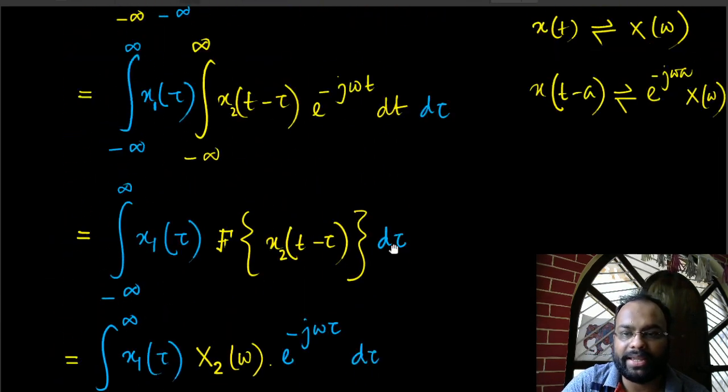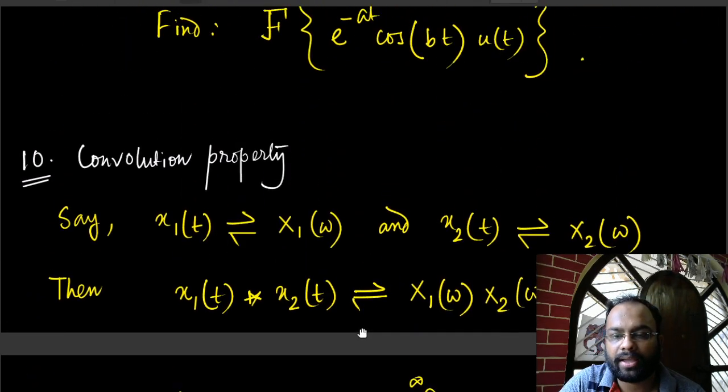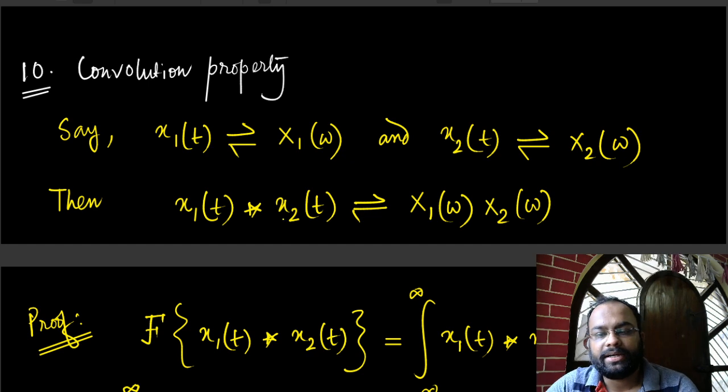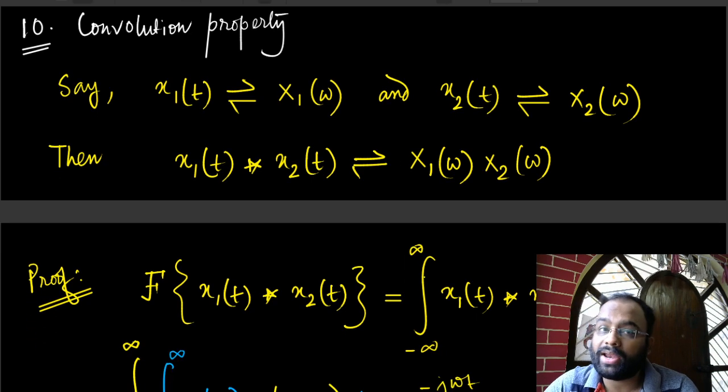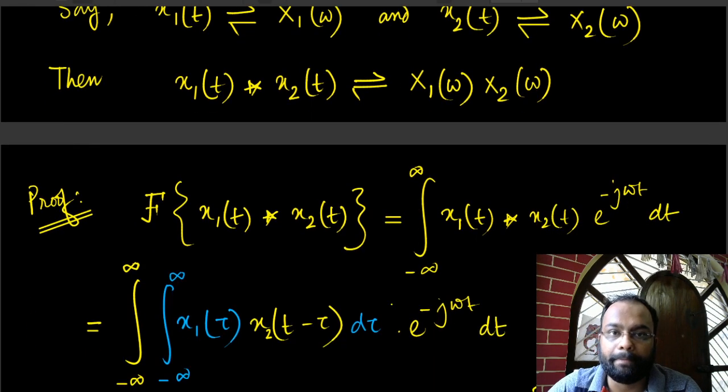So what happened here? Let's go back, and we have seen that the time domain convolution of two signals is giving you a multiplication of the Fourier transforms in the frequency domain. Now this has very big implications.